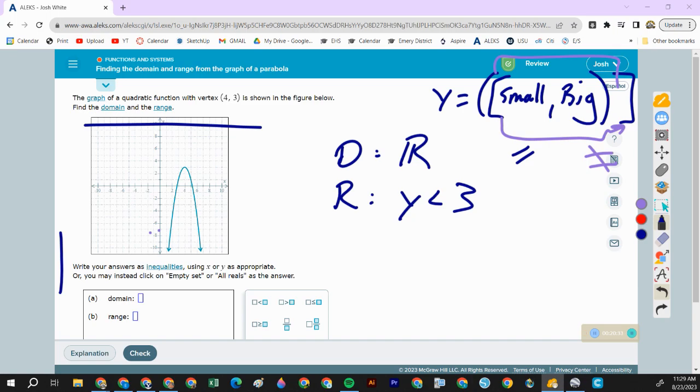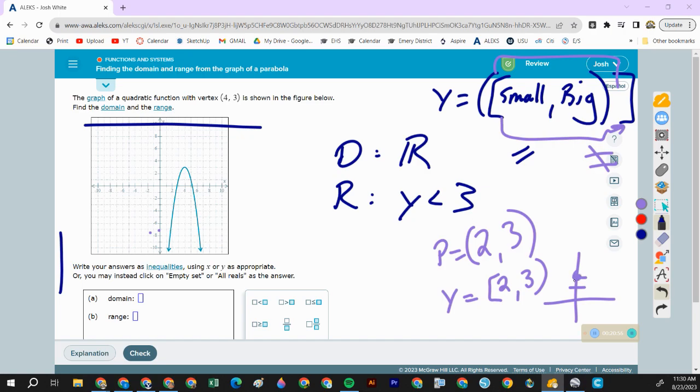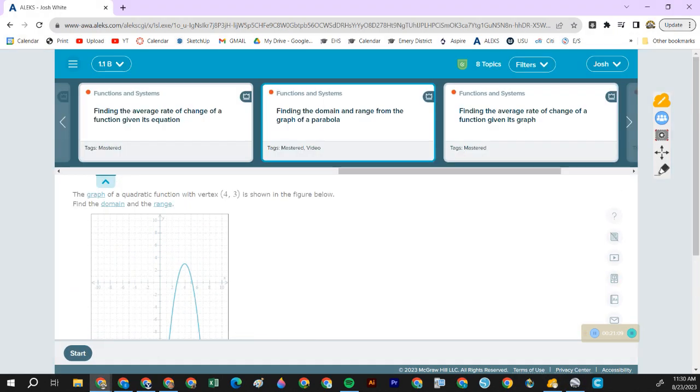So if I said P equals 2 comma 3, that is the point 2 comma 3, right? If I said y equals bracket 2 comma 3, that means every y value from 2 with a closed bracket up to 3 with an open parenthesis, that's an interval. It's like a number line. Okay. Now it's not going to ask you that here, but I think on the next one it does.